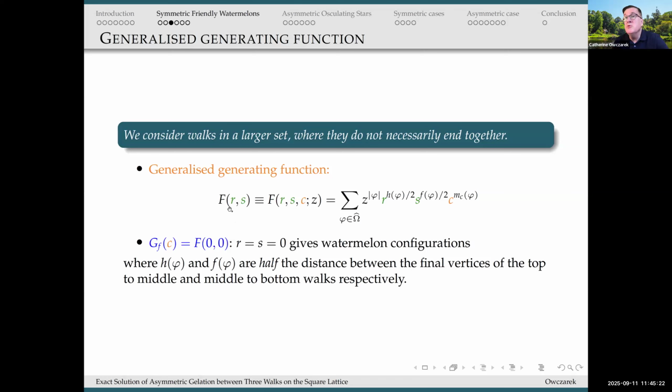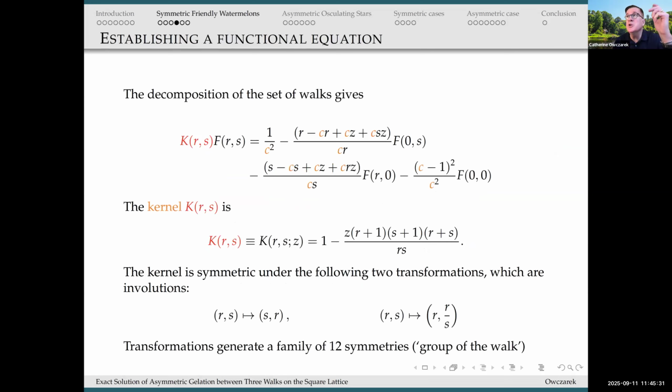So you actually try to find this generating function f of R and S, C, Z, and you find a functional equation for that. Well, you can do that, and I'm going to tell you how to do it. That was last time. You can find this functional equation, which you find from the decomposition of the walks. It's made up on one side of a bulk term, which is a kernel.